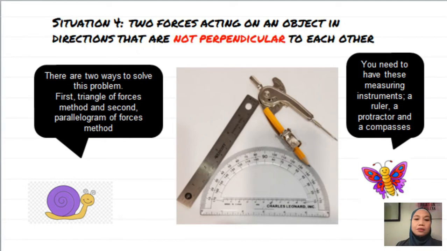There are 2 ways to solve this problem. First, use the method of triangle of forces, and second, you can use the parallelogram of forces method. To apply this method, you have to have these measuring instruments: a ruler, a protractor, and a compass.